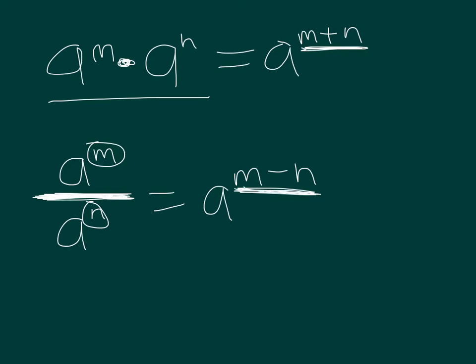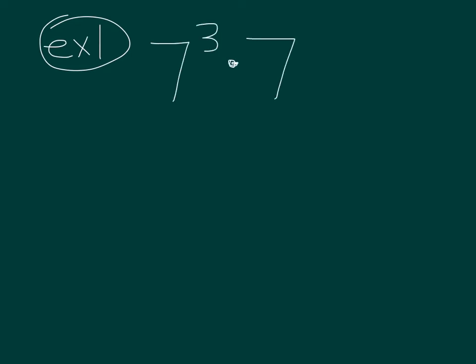Let's start with example number 1. Example 1 says 7 to the third power times 7. Well, just so we're aware, 7 is really just 7 to the first power. So what the key concept is saying is this is the same as 7 to the 3 plus 1 power, which is 7 to the fourth.